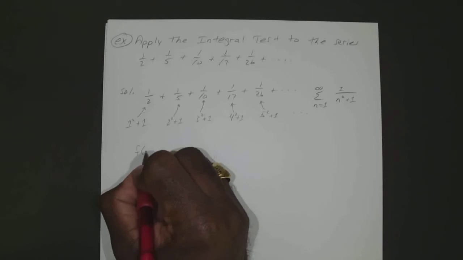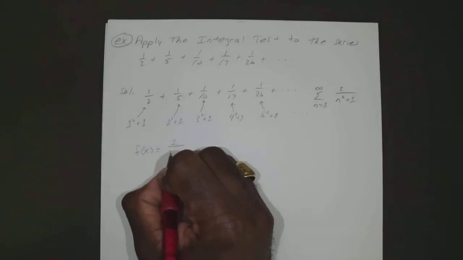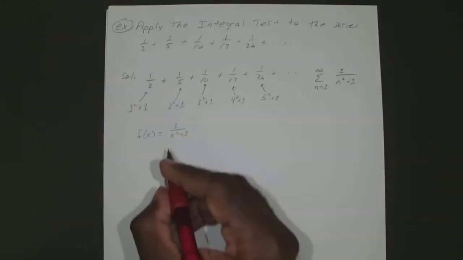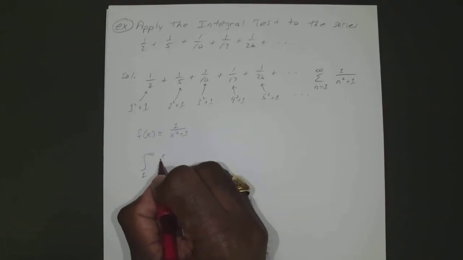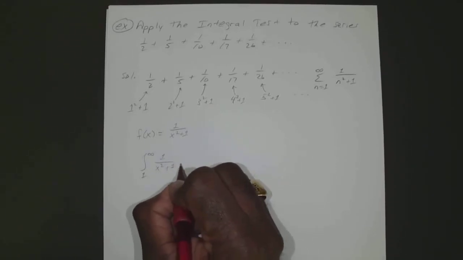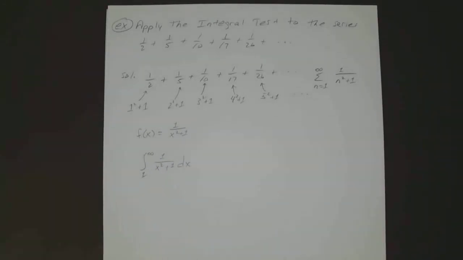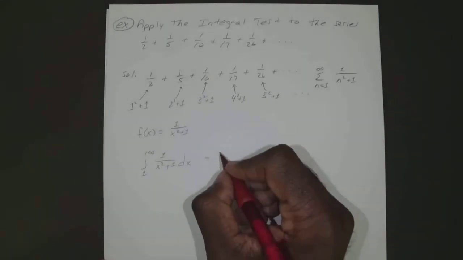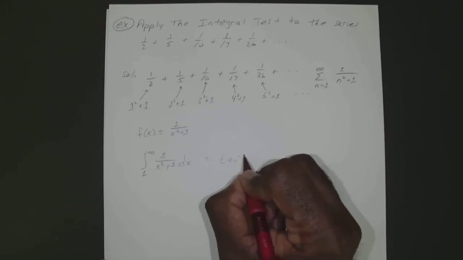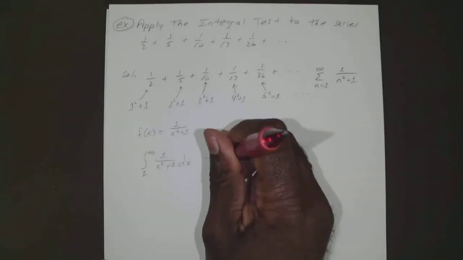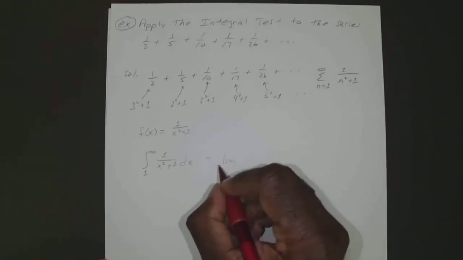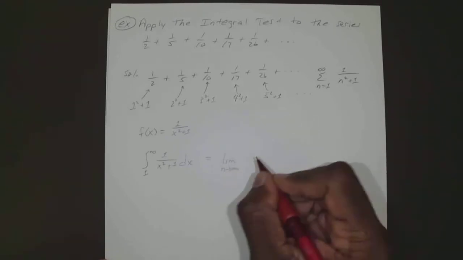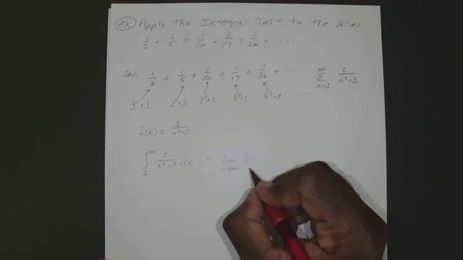Okay, so we'll let f of x equal 1 over x squared plus 1. So our integral from 1 to infinity of 1 over x squared plus 1 with respect to x is actually our arctangent. Oh, I forgot my limit since it's from 1 to infinity. Let me rewrite it instead of skipping steps.